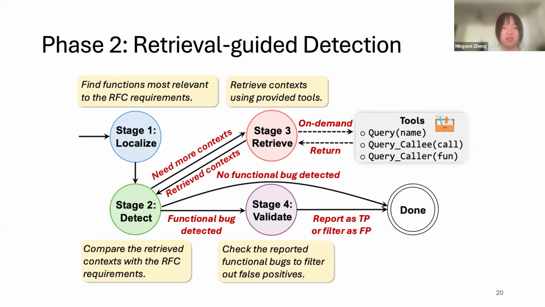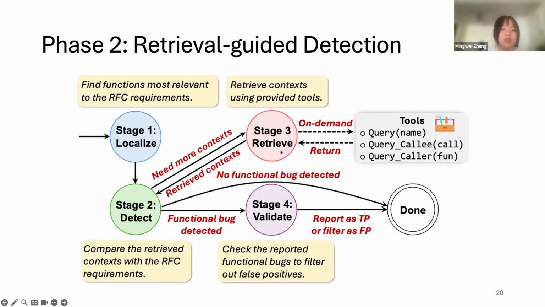In many cases, it determines the preconditions of calling these functions, which is very important in this kind of functional bug detection, because many properties require in what kind of situations, which is actually the preconditions, the protocols should take certain actions. So this query caller is very important to get the caller context in order to check these preconditions.